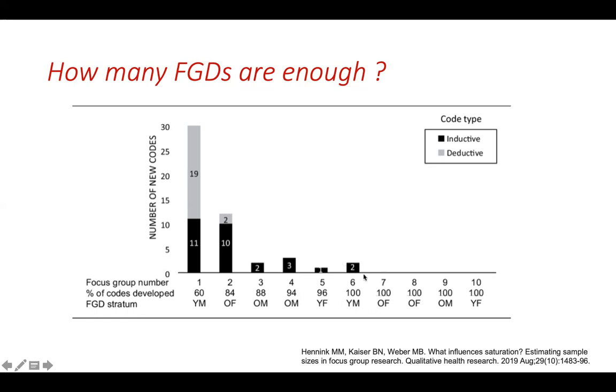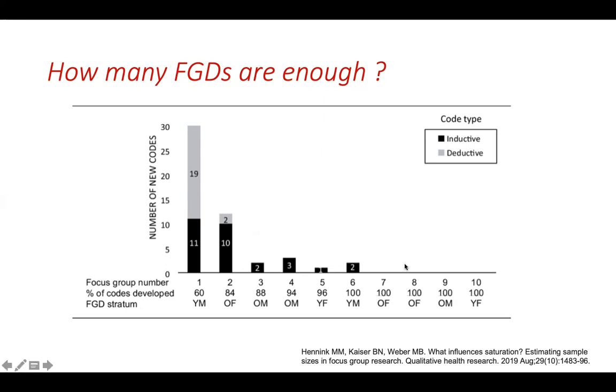By the sixth FGD, 100% of the codes were developed. It doesn't matter whether you do coding by the inductive method or the deductive method. Code saturation was achieved by the sixth focus group.